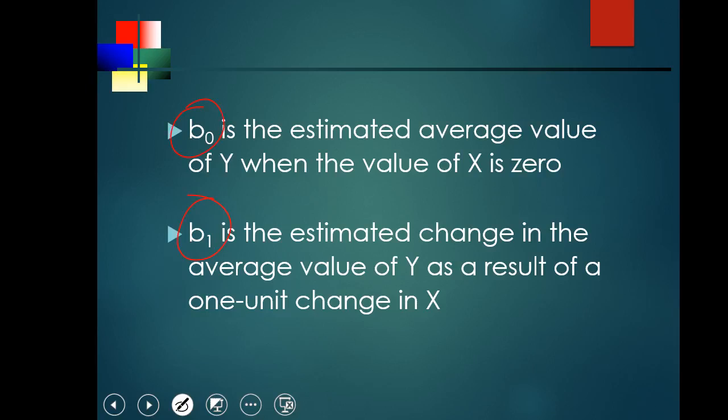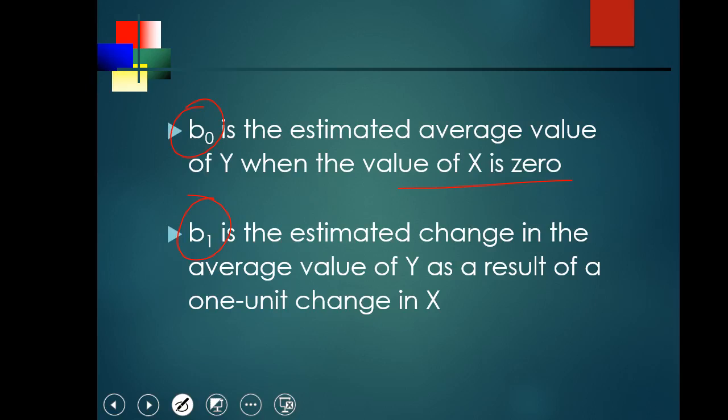I have already explained what beta naught and beta 1 are. Beta naught is the y-intercept, the estimated average value of y. It is the value of y when x is 0. Beta 1 is the estimated change in the average value of y as a result of a 1 unit change in x. As I have mentioned, beta 1 is basically the slope of the line.